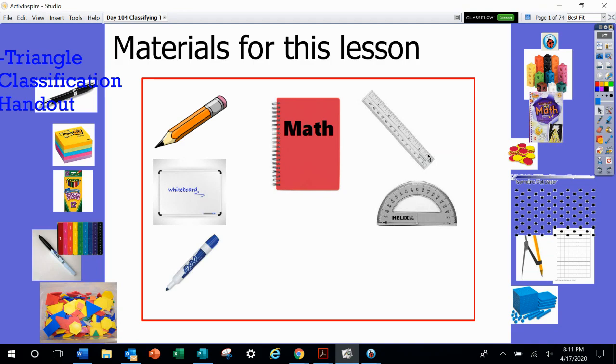Those are really helpful with this lesson. You'll also need your math notebook, a pencil, and a whiteboard or a piece of paper to participate. And here we go.